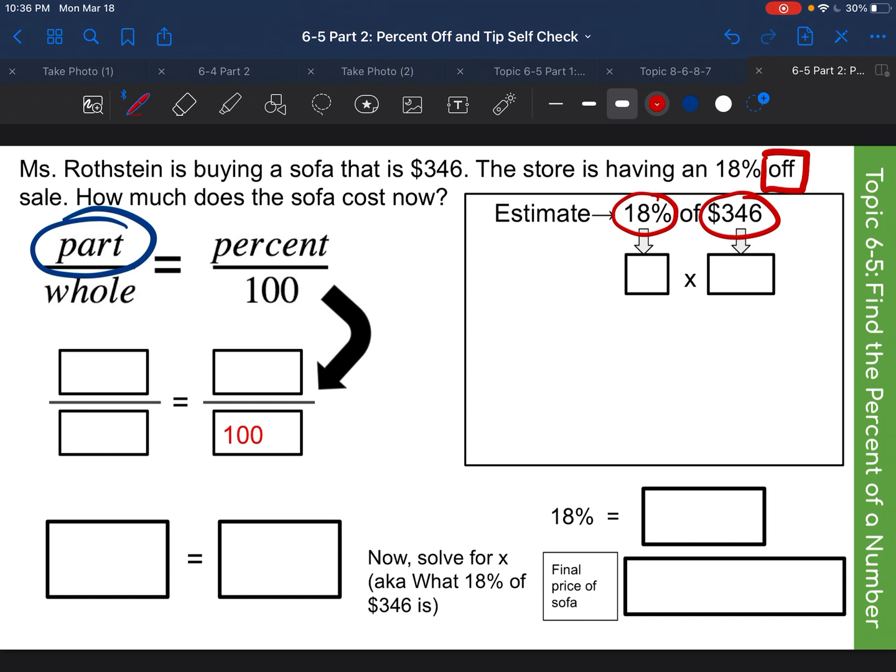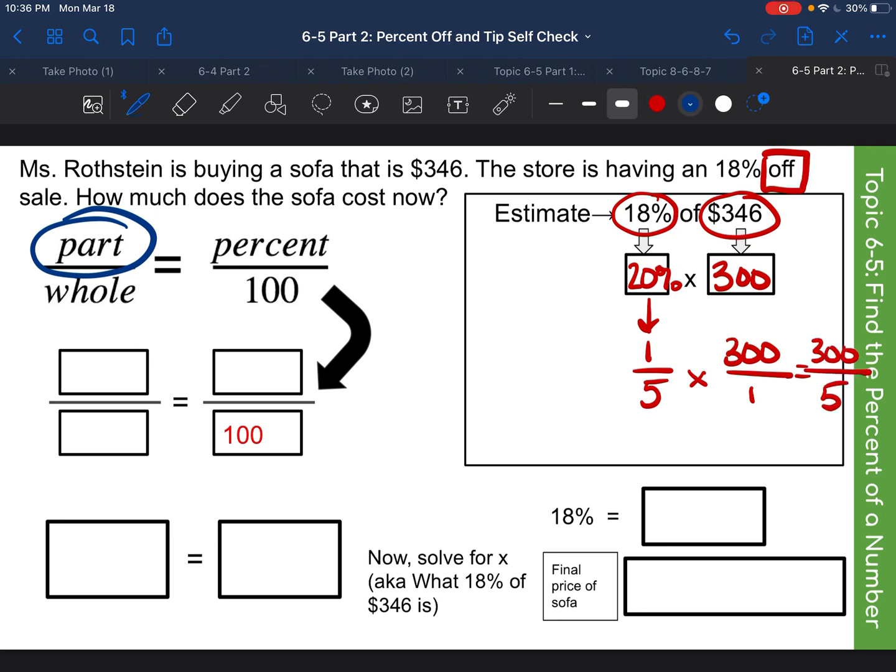So first, let's estimate. We can round 18% to 20%. 346, we can make 350, or even easier, we can just say 300, whatever works. If we bring that down, 20% is represented by 1/5. If you write 2/10, that's fine as well. Then we could put 300 over 1, multiply across, we get 300 divided by 5.